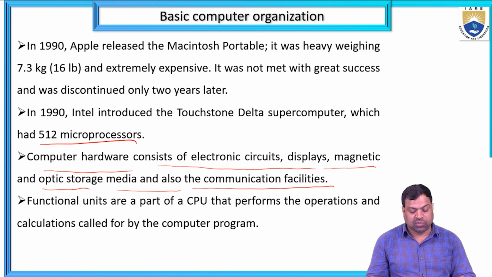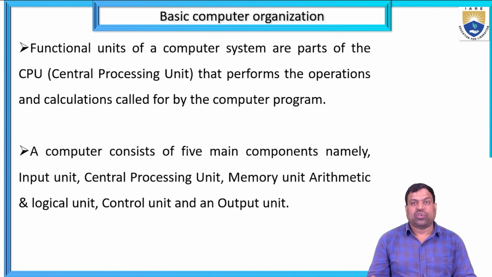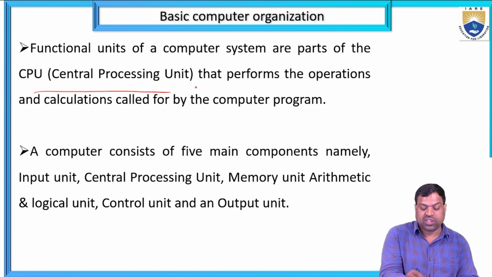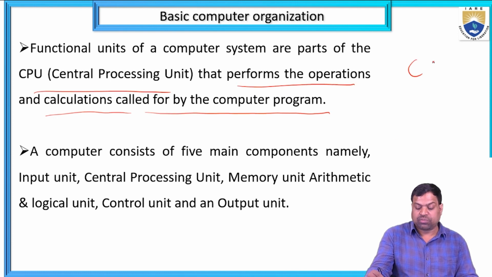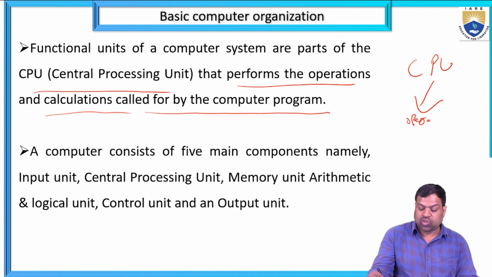Functional units are the parts of the CPU, the central processing unit, that perform the operations and calculations called for by the computer program. What are the functional units of a computer system? They are always in the CPU, performing the operations required by a computer program.